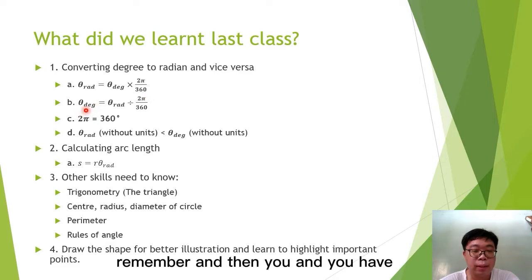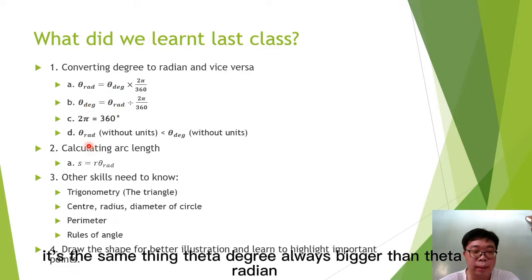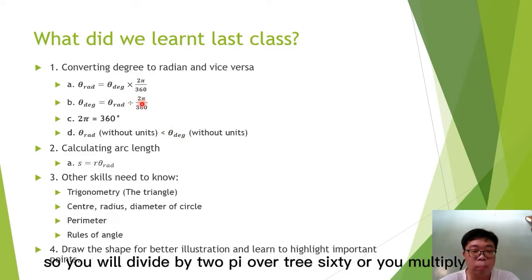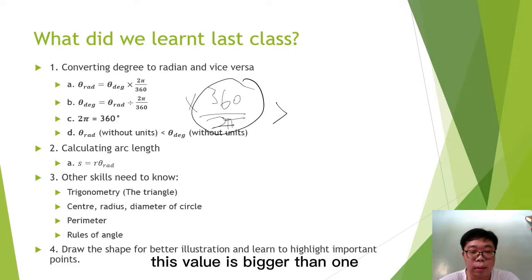And then when you have theta degree and want to change to theta radian, it's the same thing, theta degree is always bigger than theta radian. So you will divide by 2 pi over 360, or you multiply with 360 over 2 pi, in which this value is bigger than 1.